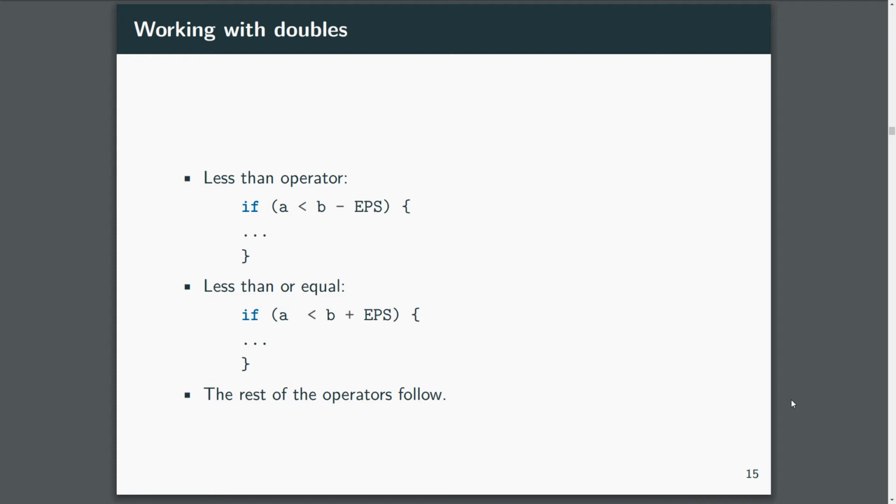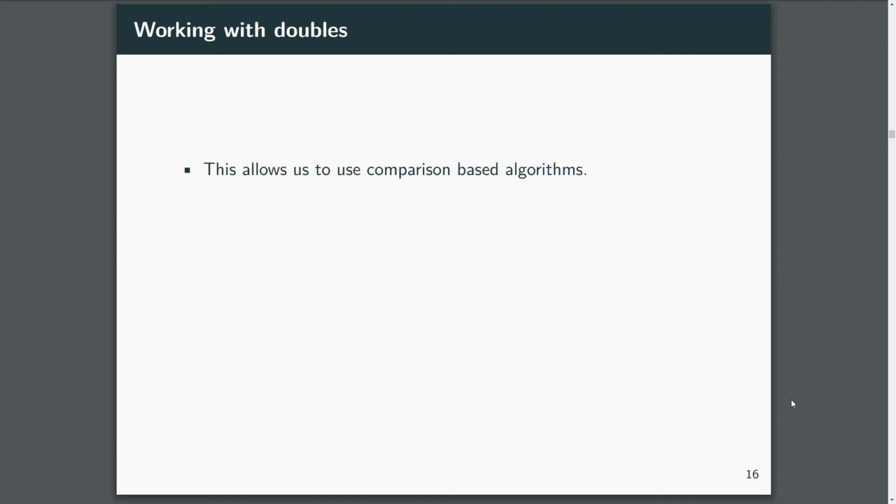And then the rest of the operators are quite similar. You're just flipping the comparison operator. So this allows us to compare numbers with less worries about precision.